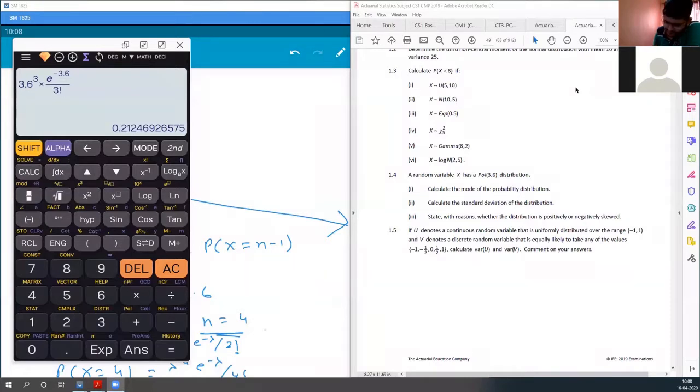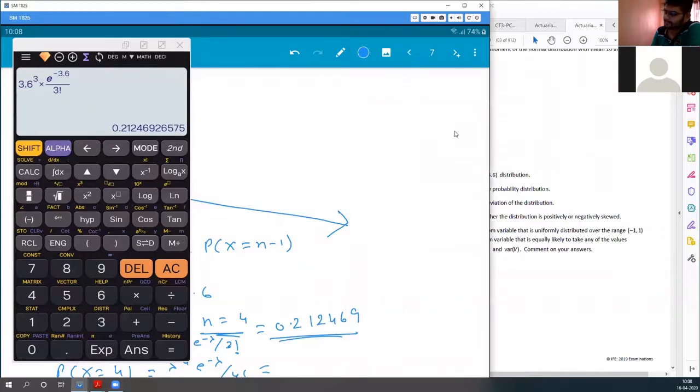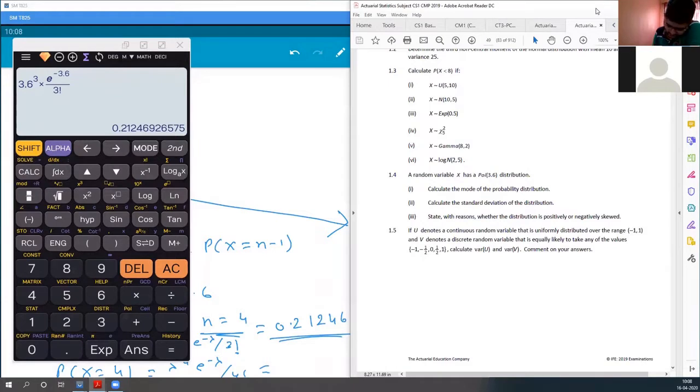So the probability is 0.212469 and probability x is equals to 4, we'll have 3.6 raised to 4 times e raised to minus 3.6 by 4 factorial.